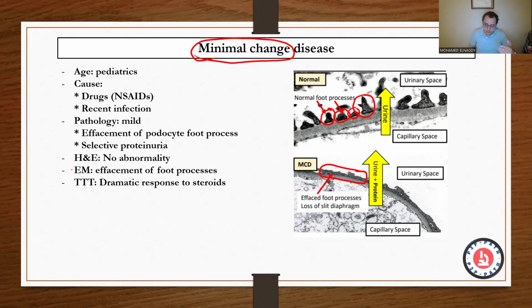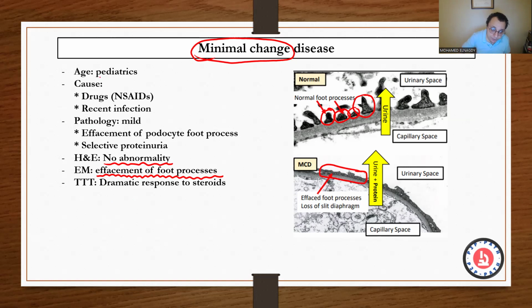They are the ones who still rely on doing an EM preparation for each slide of medical kidney and look under the electron microscope. So for the electron microscopy, you will have effacement of the foot process. This is the kind of minimal change that happened. And there will be no abnormality on H and E.